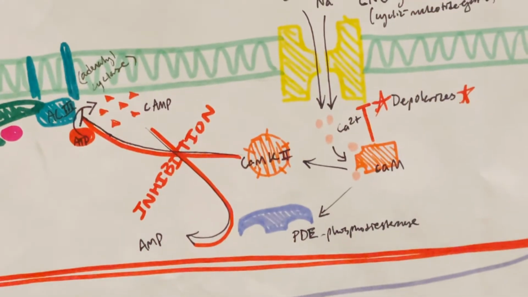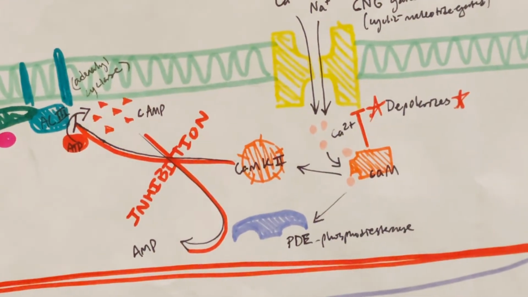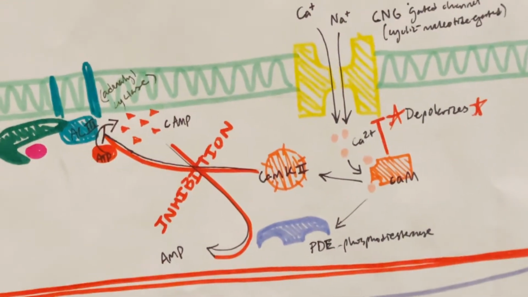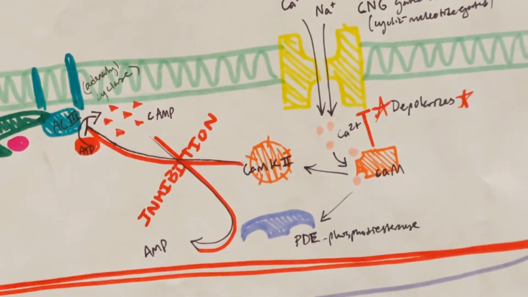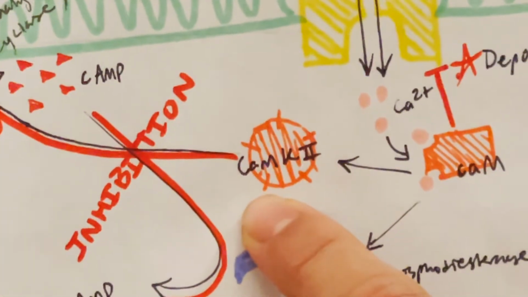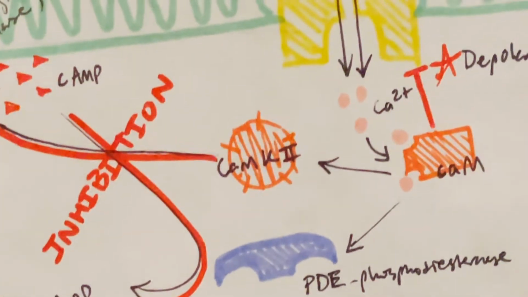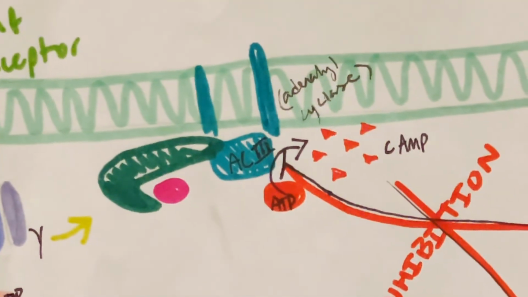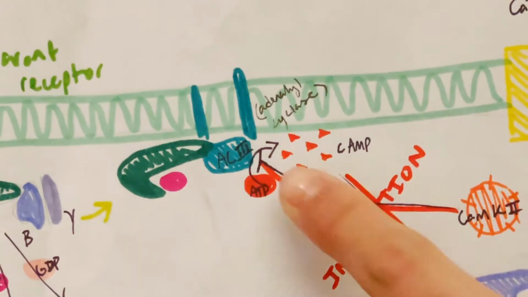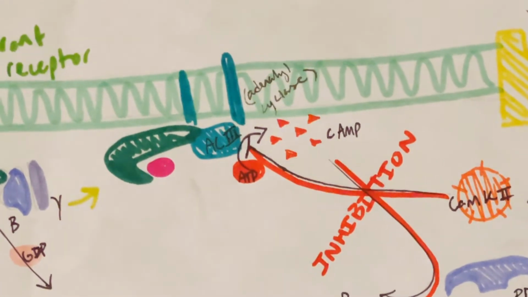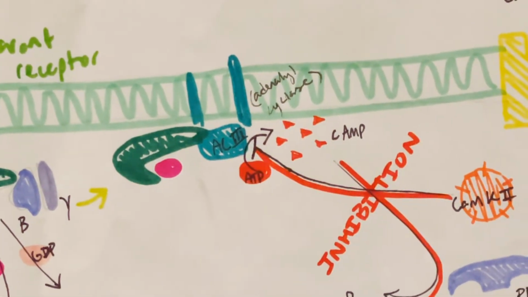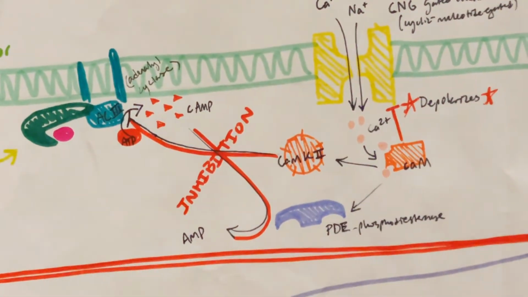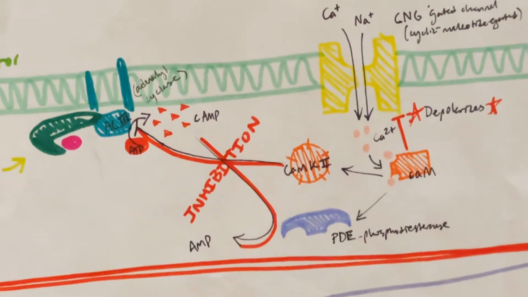And then the third and final way is that calcium and calmodulin can activate CaMKII. As you can see, CaMKII is right here, and CaMKII can inhibit adenylyl cyclase. As a result of that inhibition, it downregulates the production of cAMP, which we're seeing as a common trend now: cAMP being reversed, its levels going down.